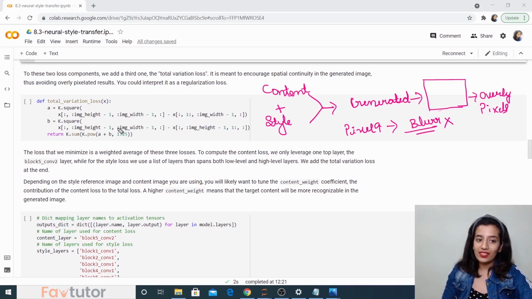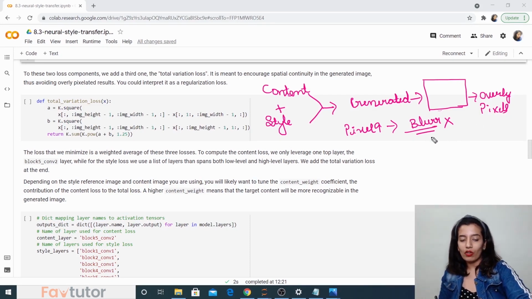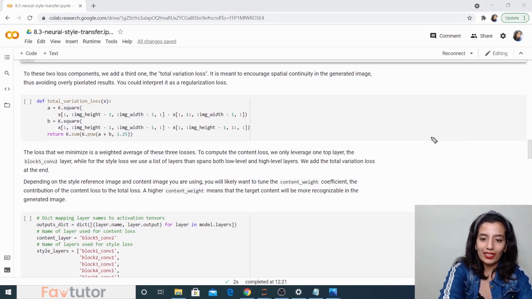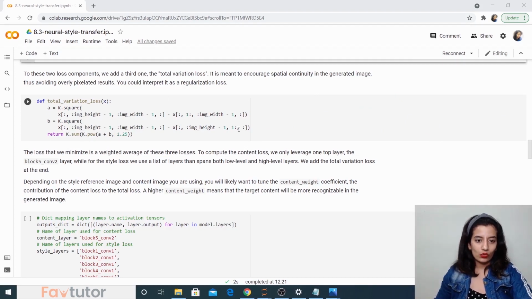Whatever your generated image is, you measure the total variation loss and minimize it, because you have to keep that loss very, very minimal. Why? In order to avoid the blurring of the image. I hope you are clear with this. What is the meaning of total variation loss? So this is what it is.